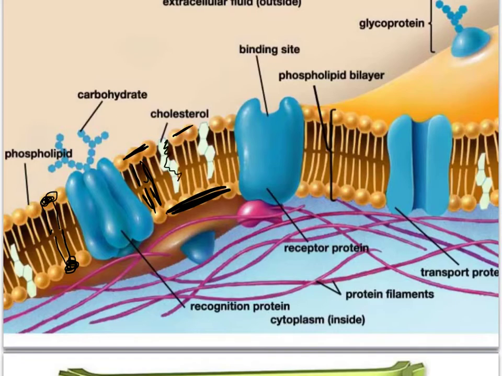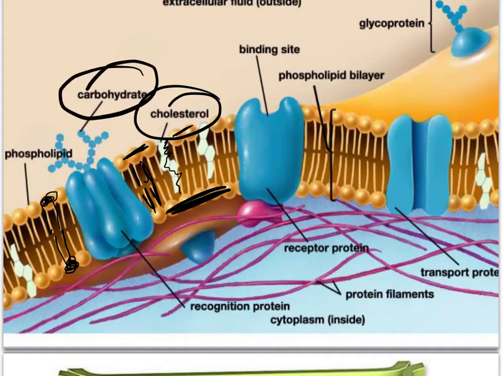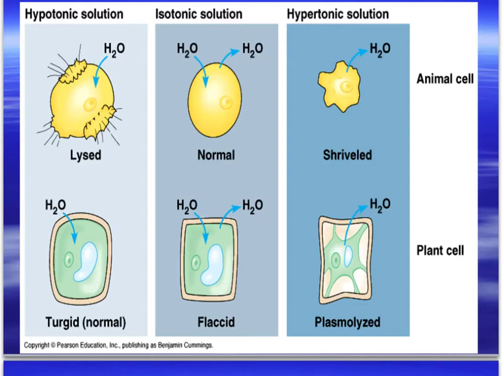Embedded within the phospholipid bilayer can be things like cholesterol. Carbohydrates can be attached to these recognition proteins or these channel proteins that are embedded throughout. And all of these things work together to allow certain things to move in and out of the cell.